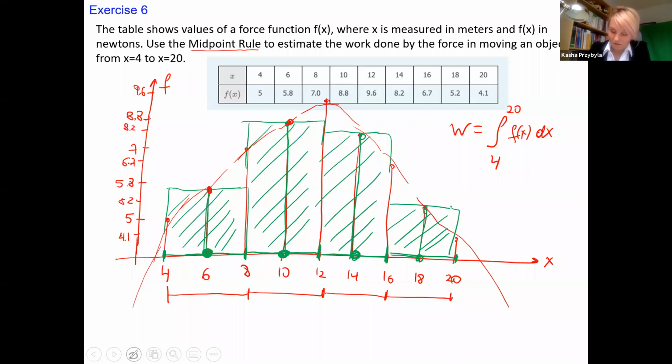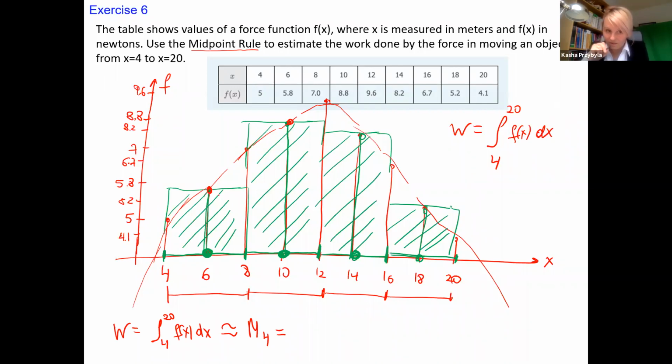That means this integral, I can write it again, from 4 to 20, the only thing that I can do is approximate. And what's the area of the first rectangle? I'm using midpoint and 4. Can you tell me what's the area of the first rectangle?